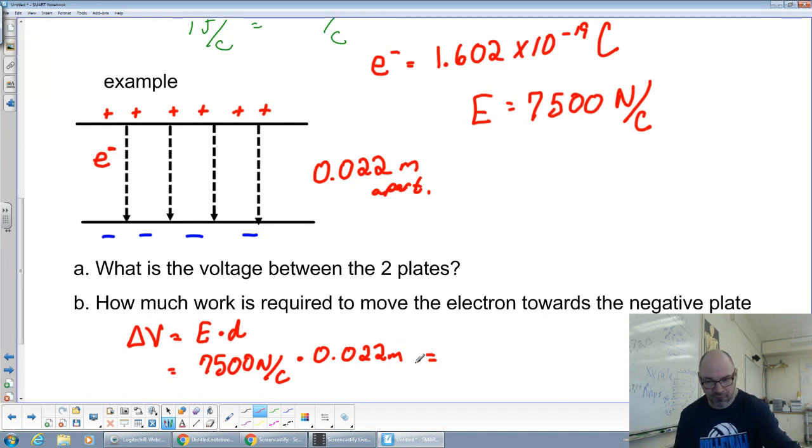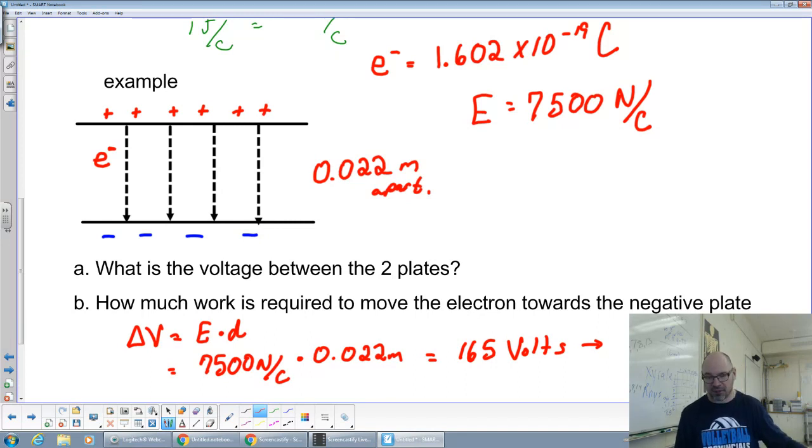If we multiply those two together and round off to two significant figures, 7,500 times 0.022 is 165 volts. With two significant figures, that'd be 170.